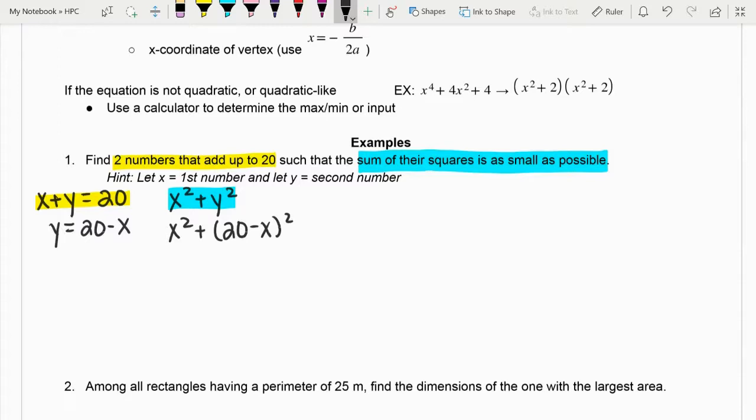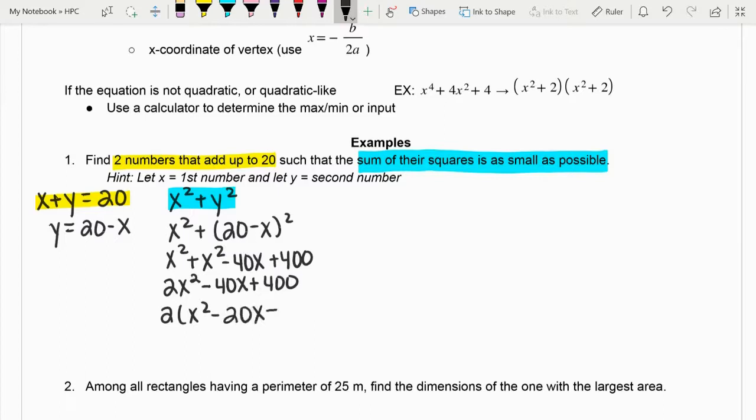Okay, so then that is just going to be x squared plus x squared minus 40x plus 400, which is then going to give me 2x squared minus 40x plus 400. I can factor out a 2. So I have 2 times x squared minus 20x plus 200.